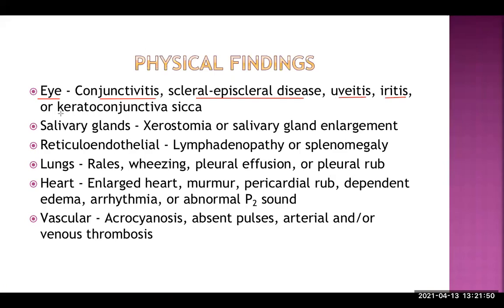Or if it is a case of Sjogren syndrome, we call it keratoconjunctivitis sicca. Kerato is cornea. Conjunctiva is conjunctiva itself. Sicca is dryness. So the eye is completely dry in this disease.